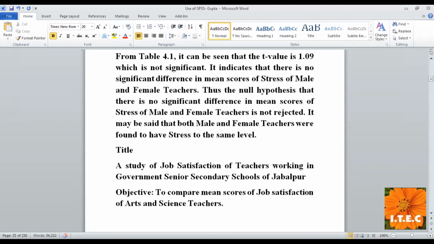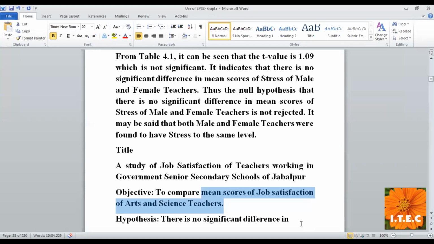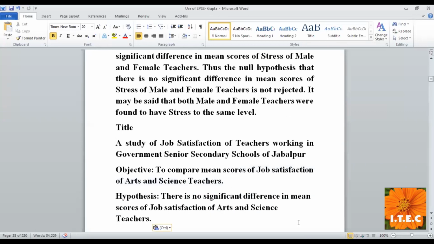Suppose this is my objective and my hypothesis is that there is no significant difference in mean scores of job satisfaction of arts and science teachers.